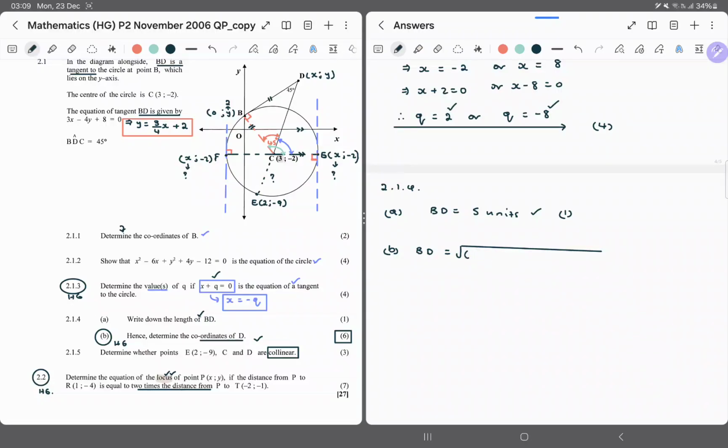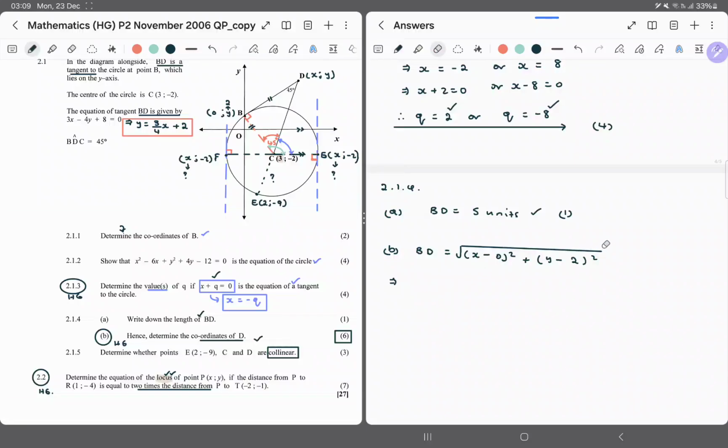So this is going to be x at D, which is x minus x at B, which is 0, all squared, plus y at D, which is y, minus y at B, which is 2, all squared. This implies that we have 5 is equal to, I don't even know why I didn't do this.